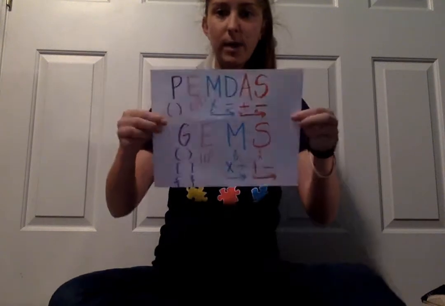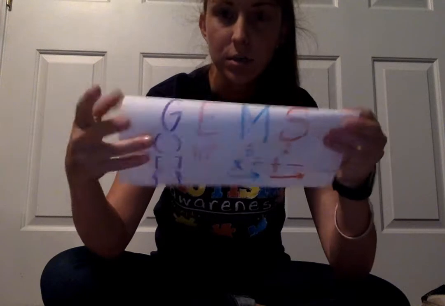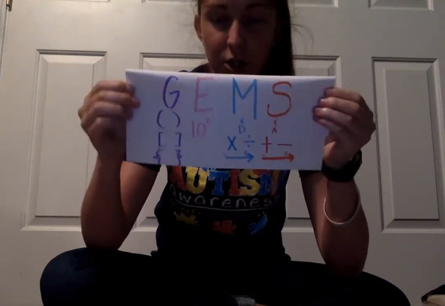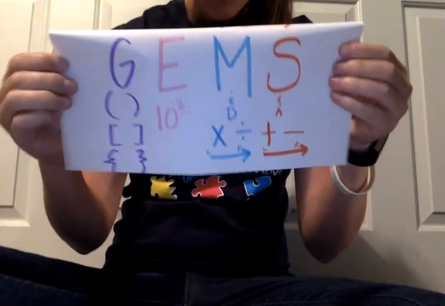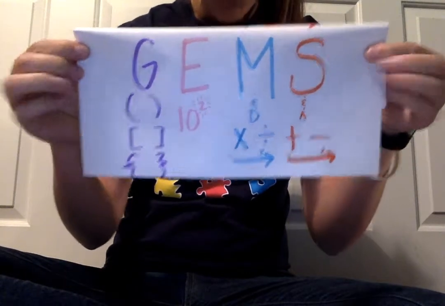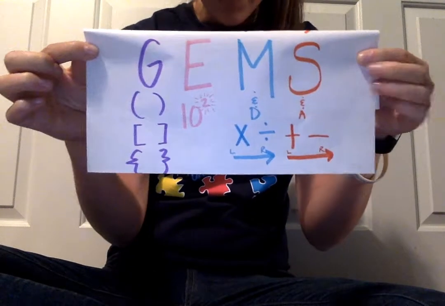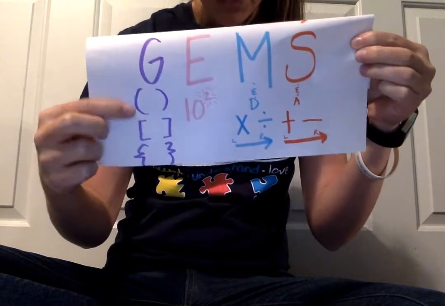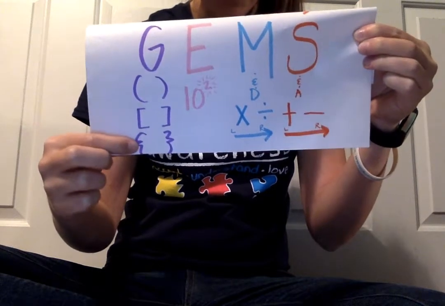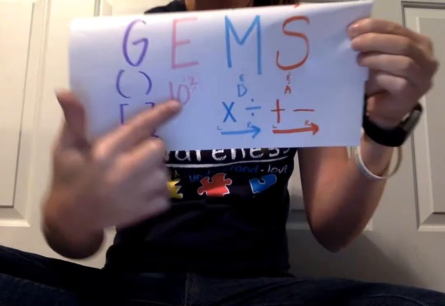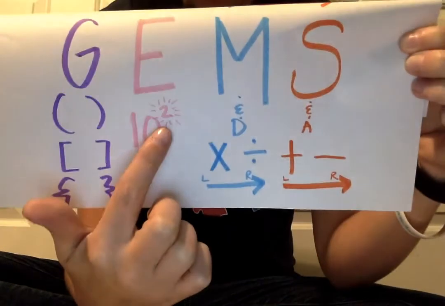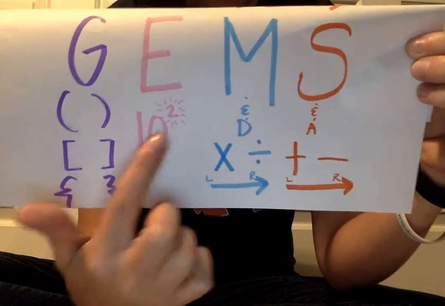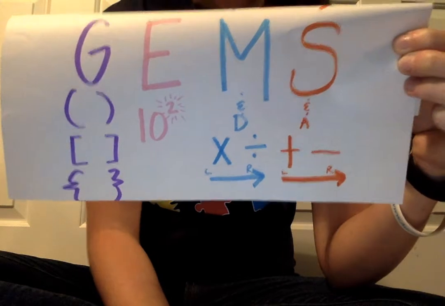Now, below this is the way that I believe you guys learned it, the way that Miss King taught it, which is using something called gems. And when we think about gems, the G stands for grouping symbols. So we have our parentheses, braces, and brackets. The E is the exponent. So again, the little 2 above the 10, which 10 to the second power equals 100.